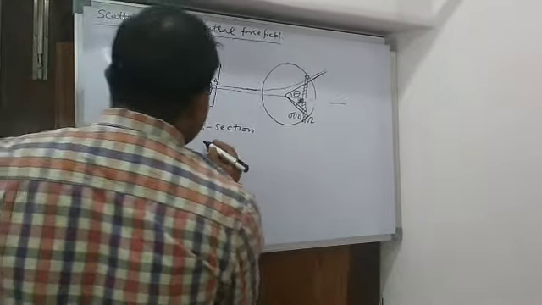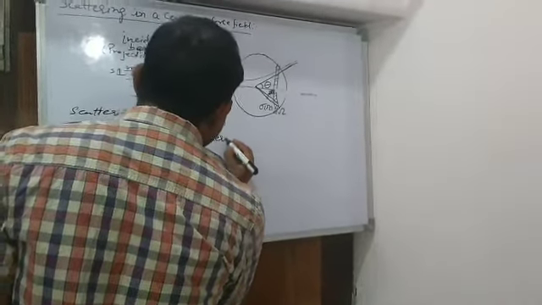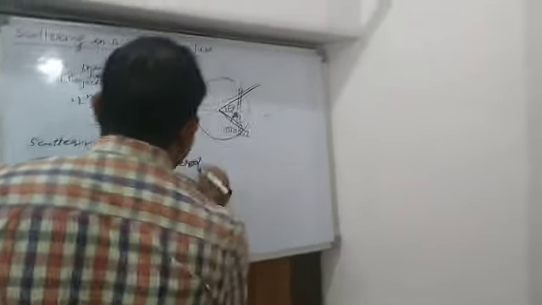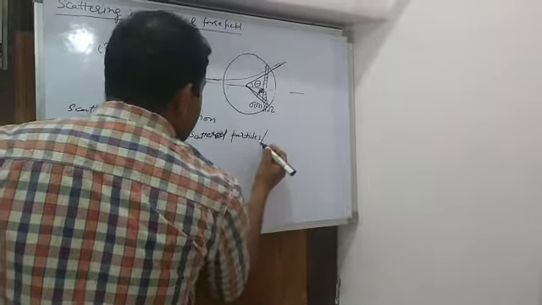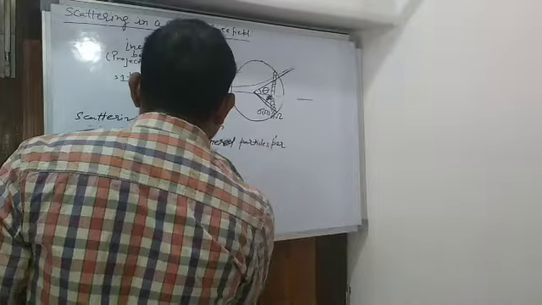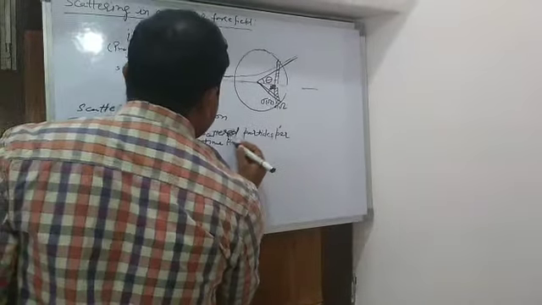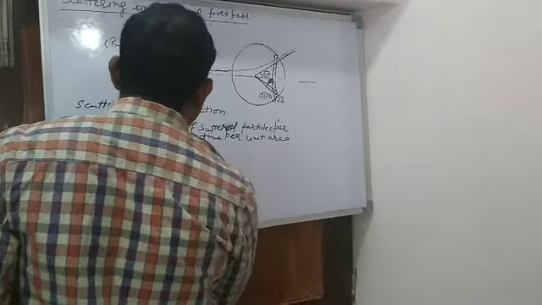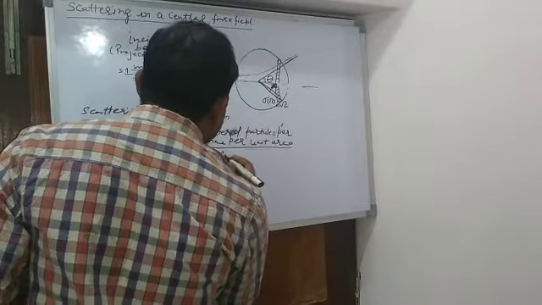This is essentially the number of scattered particles per unit time per unit area divided by the incident intensity.